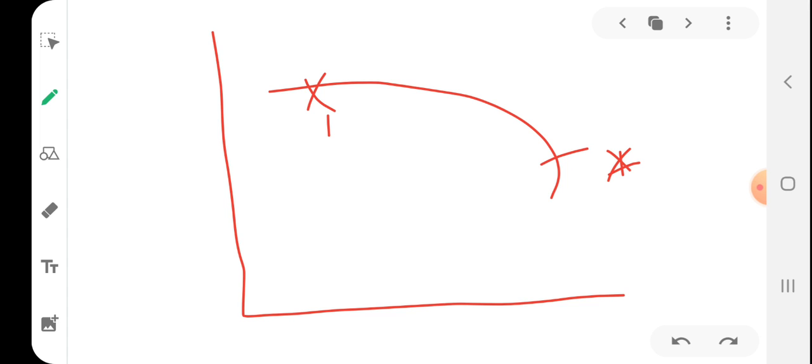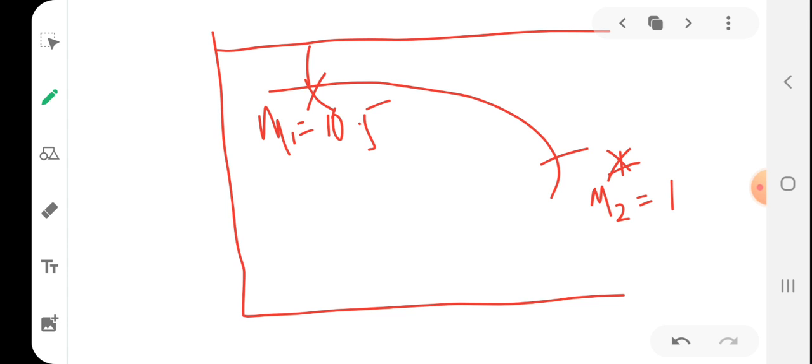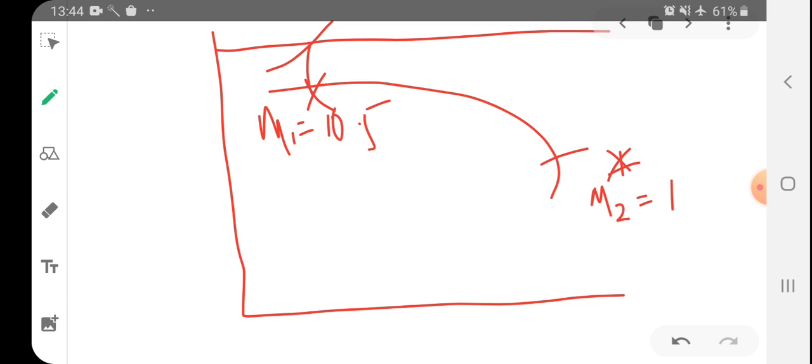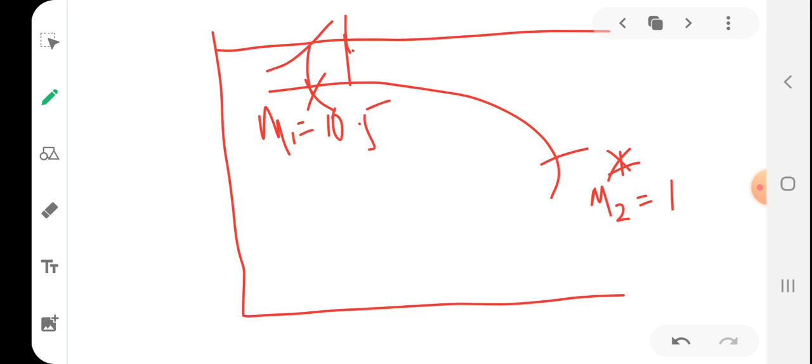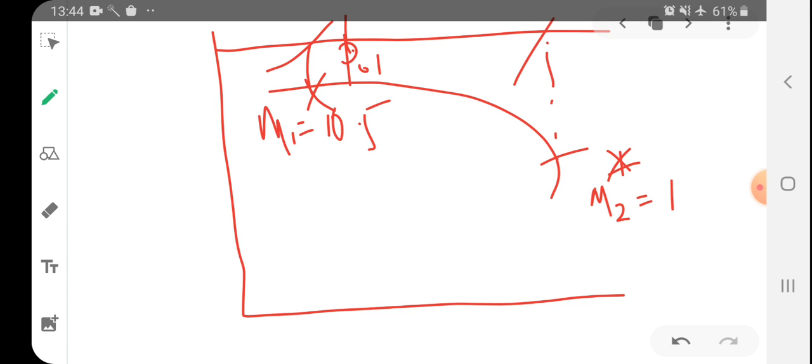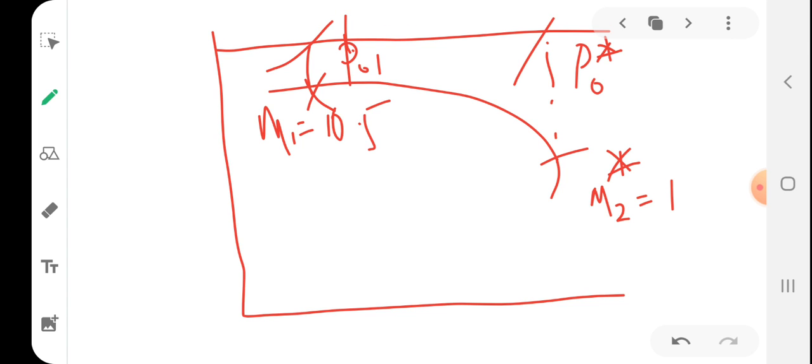Here M1 equal to 0.5, here M2 is equal to 1. The stagnation pressure here is P01, and the stagnation pressure corresponding to this is P0 star. Naturally this stagnation pressure is lower than P01, so P01 is greater than P0 star.